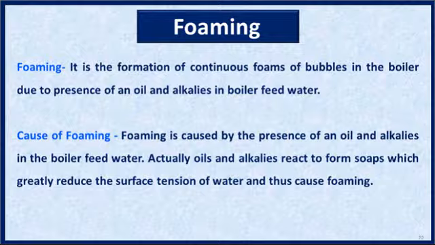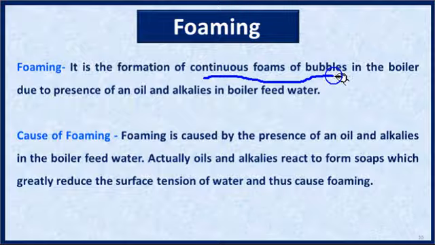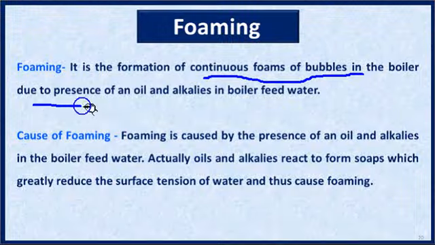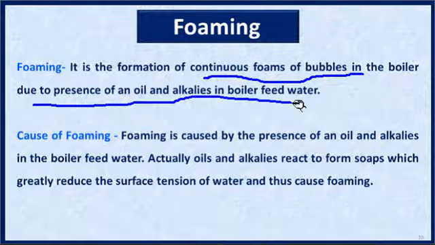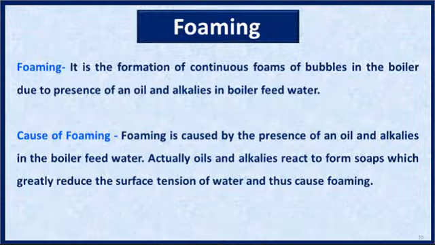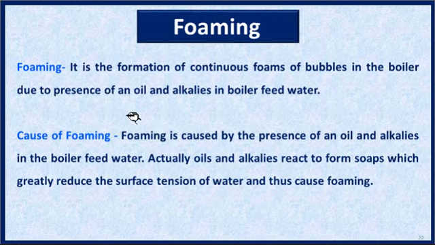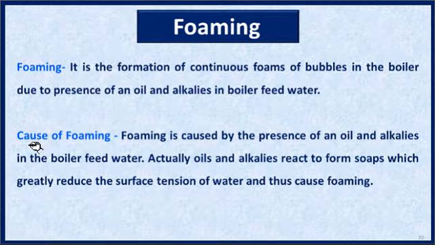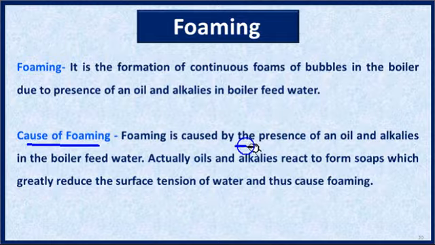Next is the foaming boiler trouble. It is the formation of continuous foams of bubbles in the boiler due to the presence of oil and alkali substances in the boiler feed water. So why do these alkali and oily substances create foam in the water? This is the main cause of foaming.